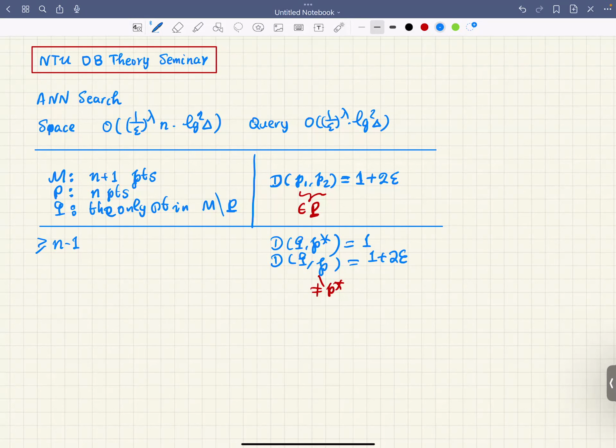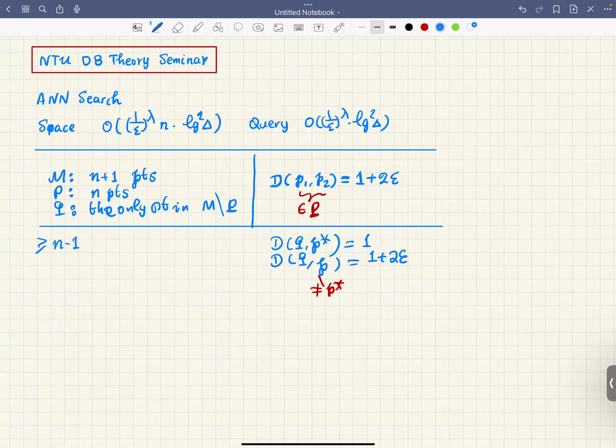This distance function really depends on my choice of P star, and I have n choices there. Any one of them could be my final P star. So conceptually, I have a pool of distance functions that I can choose from, and my choice will depend on how you react.